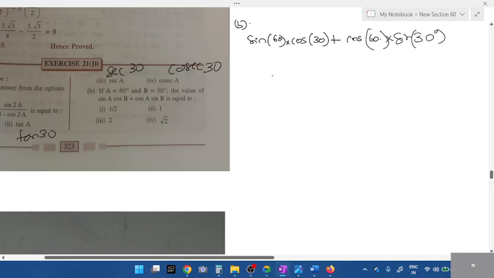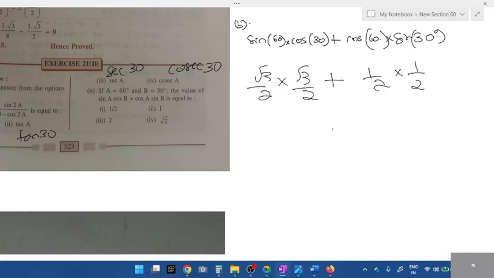Done? Okay. What is sine 60? I'll solve with students. Sasha, Anna. Root 3 by 2 into root 3 by 2 plus cos 60. How much is cos 60, students? 1 by 2 into 1 by 2. So keep solving without looking at the table. The more you solve, you'll get used to the values. For 10th standard, it's a very important concept.